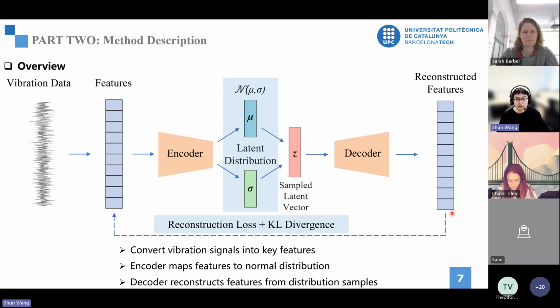The training process is guided by 2 loss functions: reconstruction loss and KL divergence. The reconstruction loss measures the difference between input features and reconstructed features. The KL divergence ensures that the latent distribution closely matches a normal distribution.